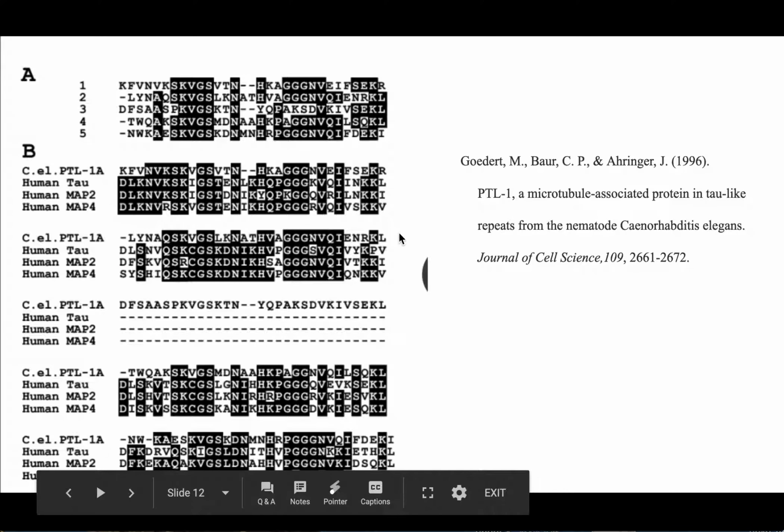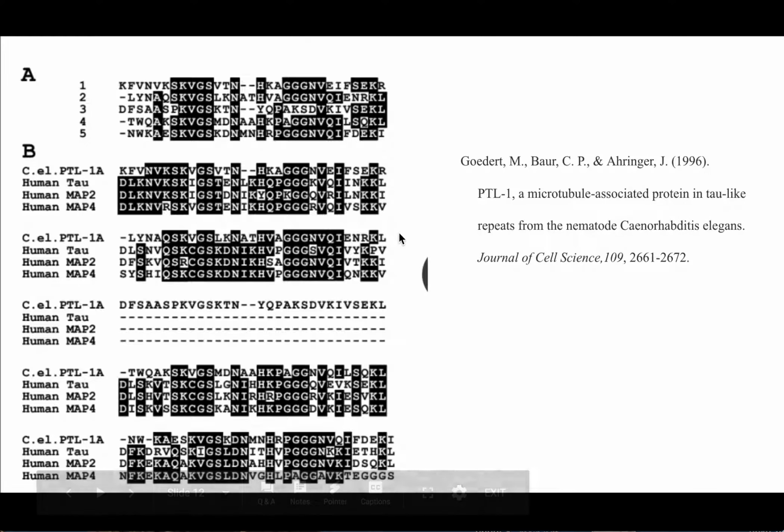Now this was really cool. This is a nematode, and in the databases there was not a lot of information on nematodes and fruit flies, but in the research and the reading of all of the articles that I found, they are finding different sets of genes that are like tau and have homologies to tau.